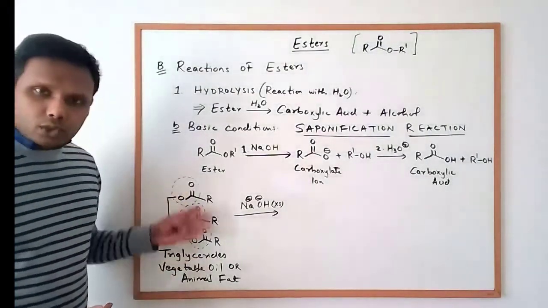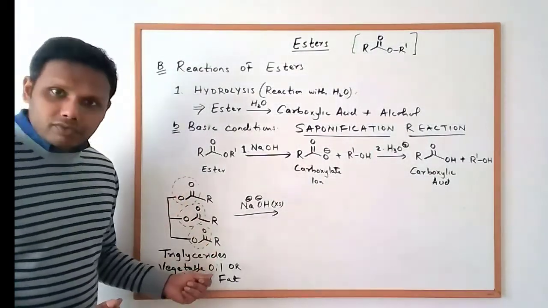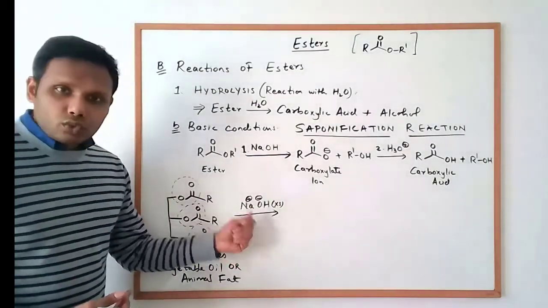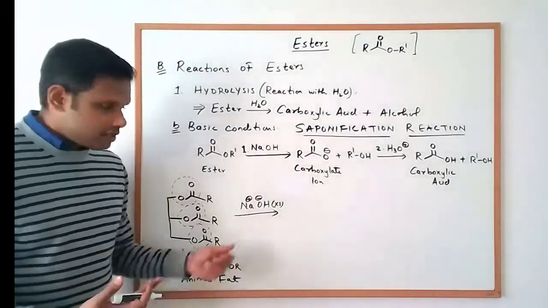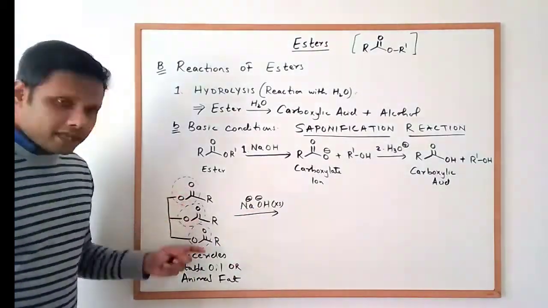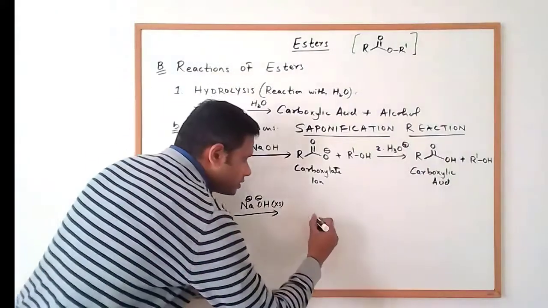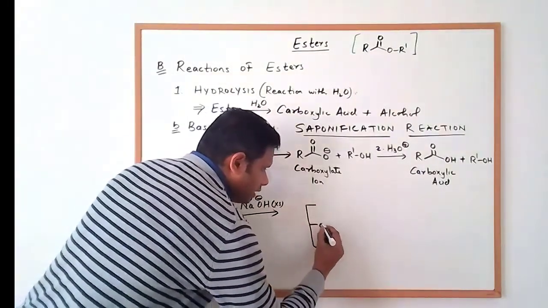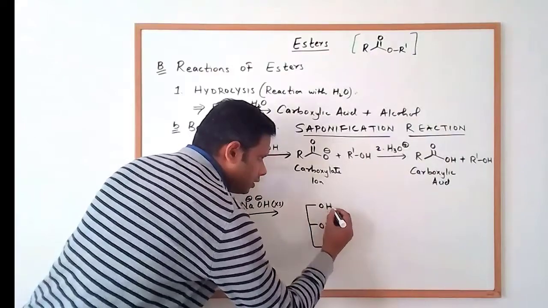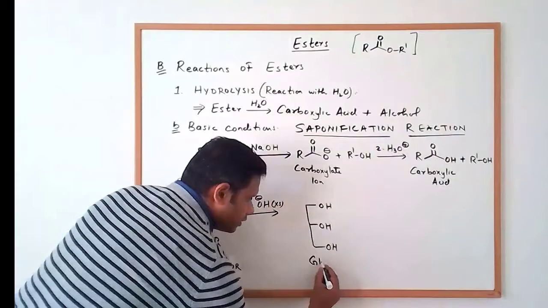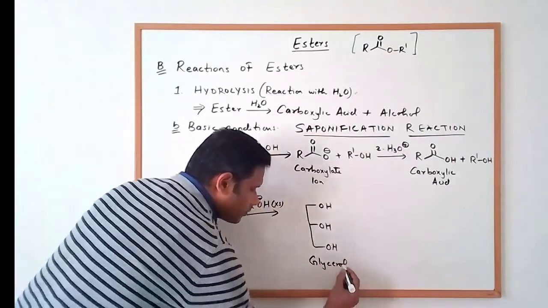So when you take triglycerides, which are basically vegetable oils or animal fats, and you react them with sodium hydroxide as a base, in excess, because we have 3 ester groups here, what happens is you end up with the alcohol here, which is glycerol.